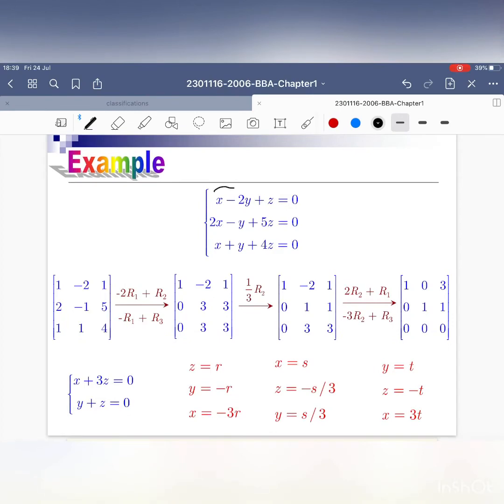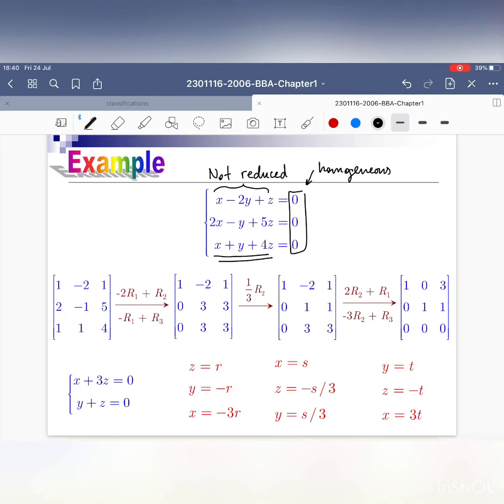Now let's look at this example. At the beginning this is not a reduced matrix, even though here it is homogeneous, right? So if you want to determine whether it has a unique trivial solution, or infinitely many solutions, you need to change the non-reduced matrix into a reduced matrix.